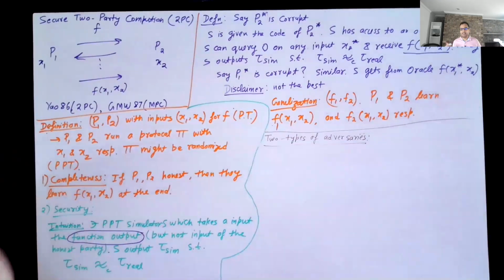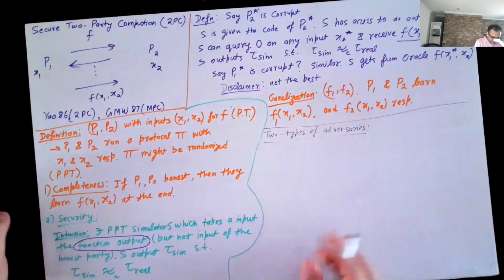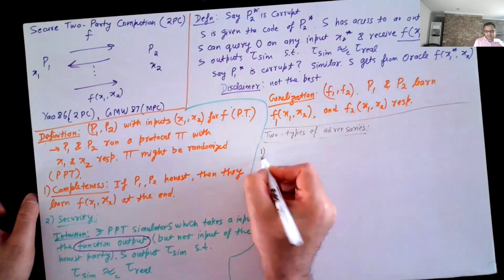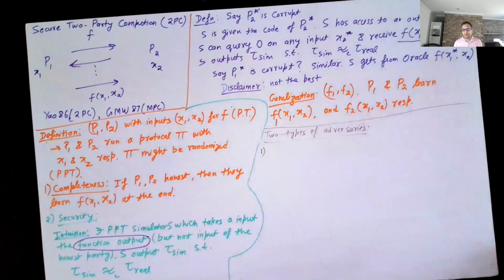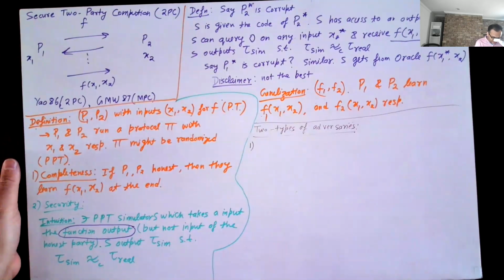In cryptography, generally we think of adversaries as arbitrarily bad. They can have any code. They just need to be PPT, but other than that, they can do whatever they want. But here, as a stepping stone to make our life easier, we will consider a nicer type of adversaries.